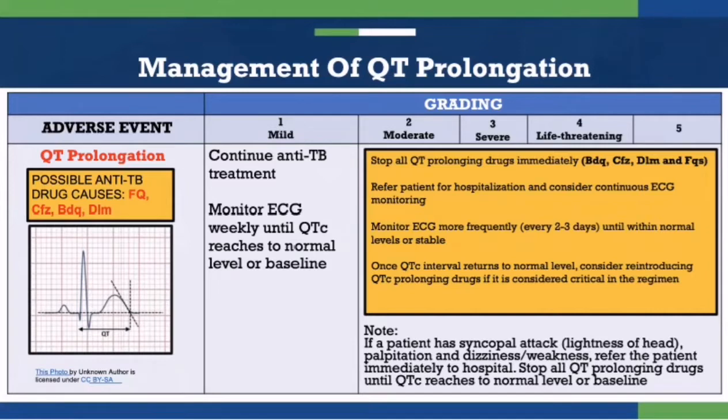You may request other laboratory and diagnostic tests to confirm your diagnosis. For example, thyroid stimulating hormone for hypothyroidism, or electrolytes like sodium and potassium to rule out other causes of QT prolongation.